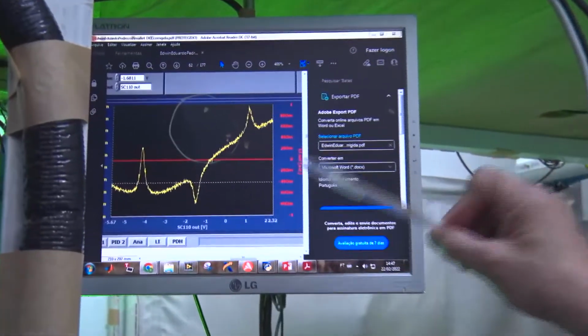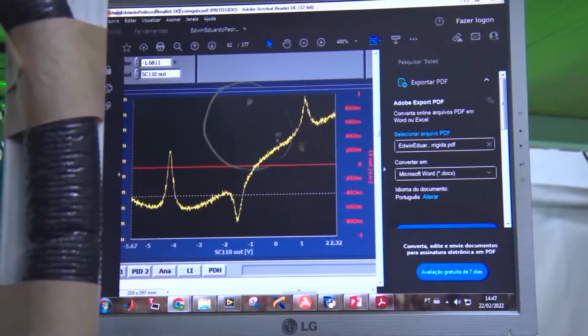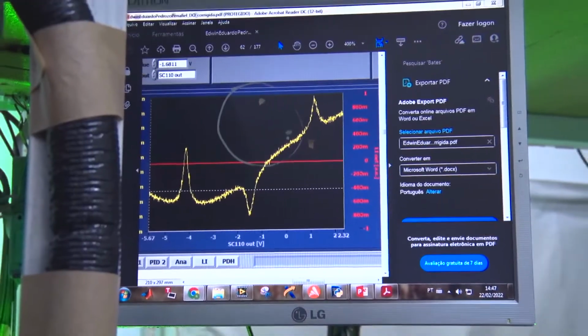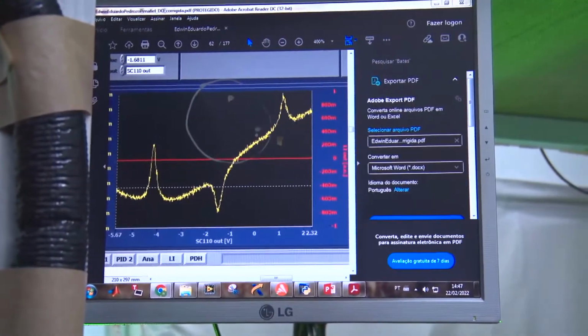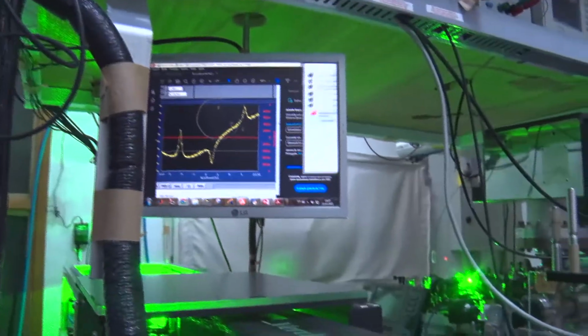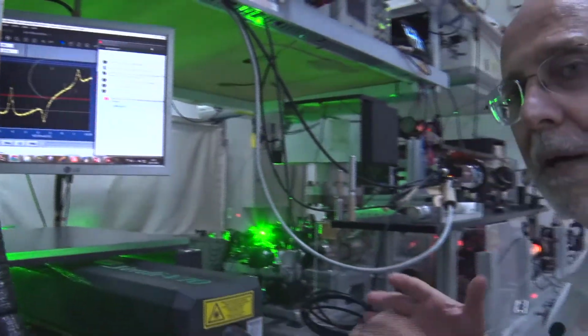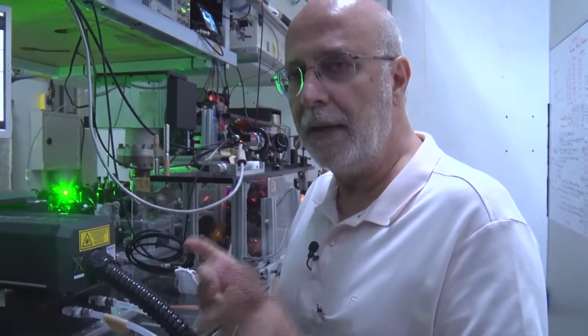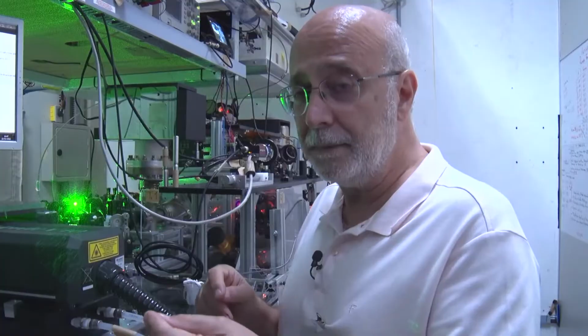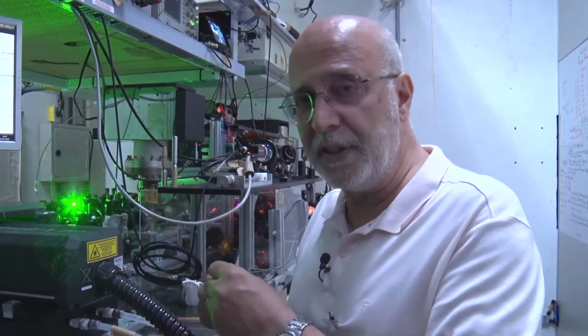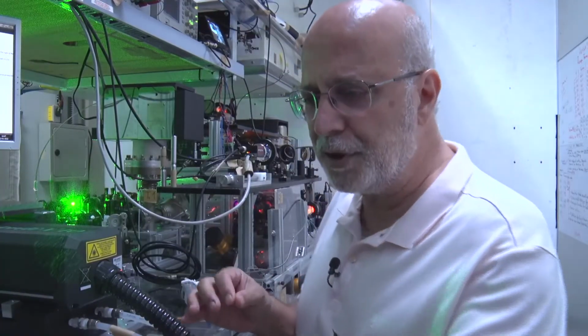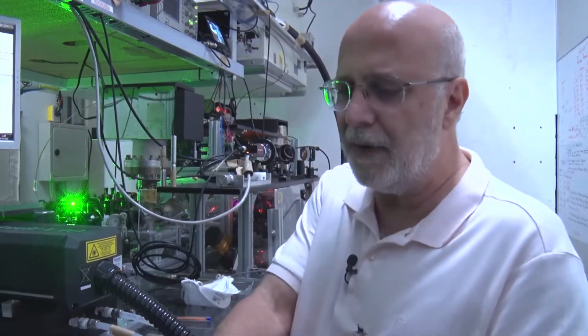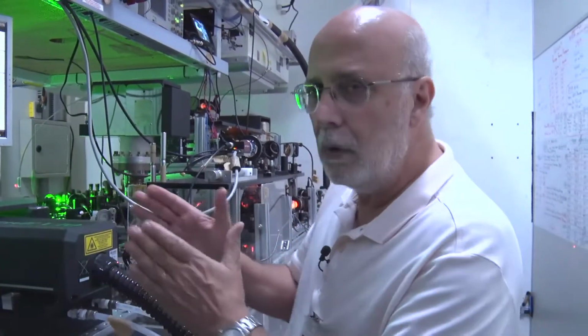But when you get in between the lines, it turns out that the Doppler effect from atoms traveling towards the laser beam or going away from the laser beam have the same value, but with opposite sign. So atoms traveling this way or that way will feel the same Doppler effect with different sign.